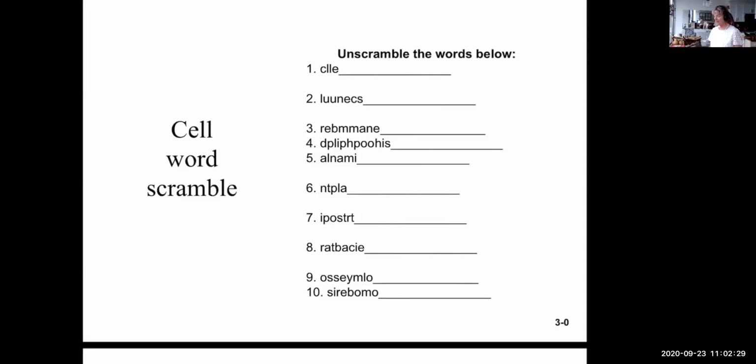We've had a little bit of practice with terminology and vocabulary, so try to unscramble some of these words.